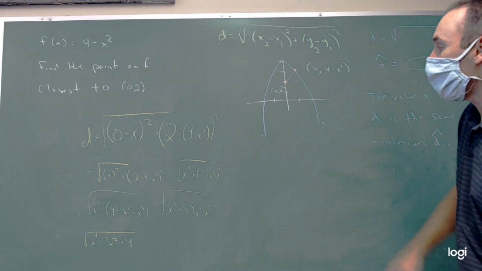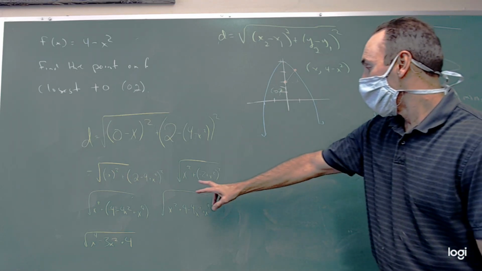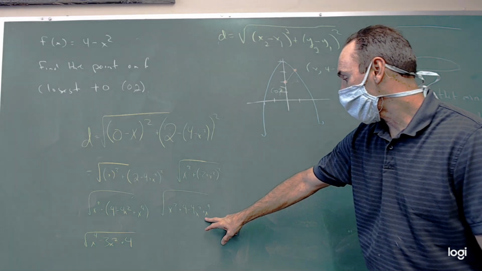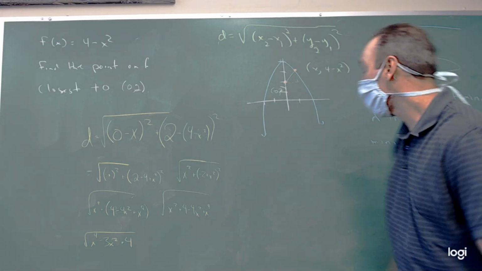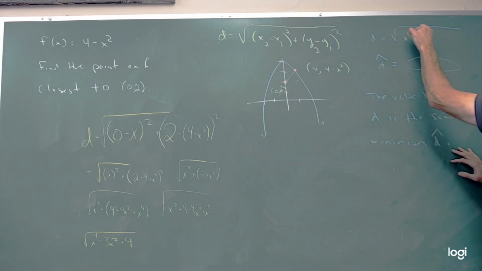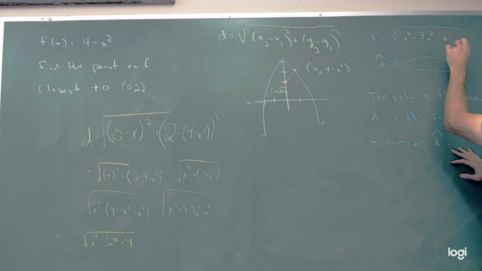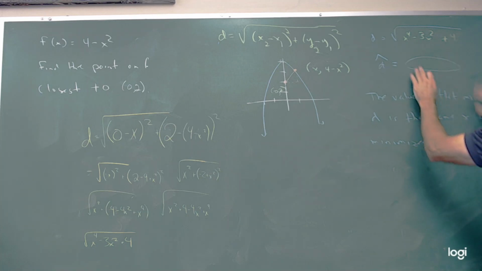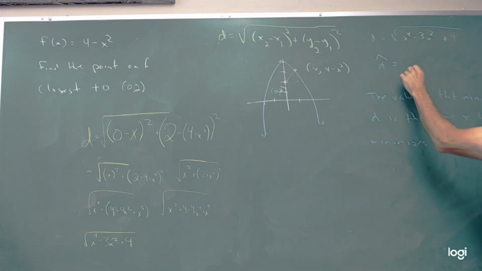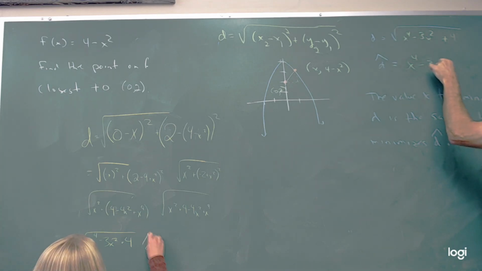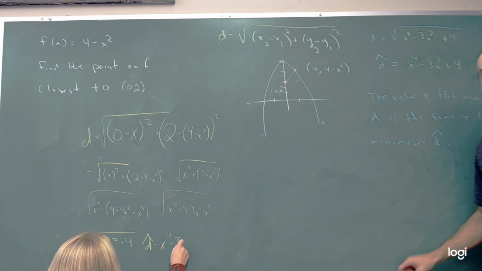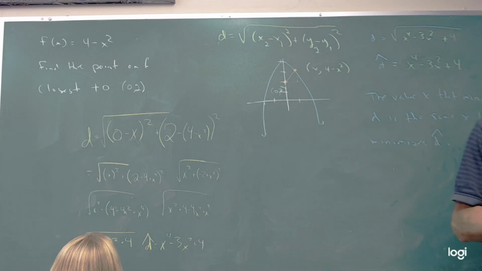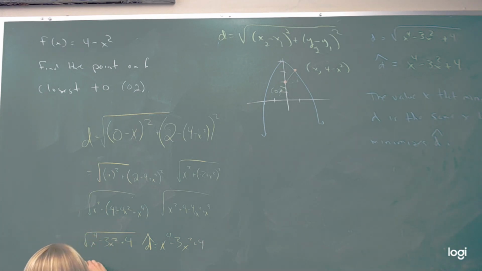So you've got x squared plus, so x to the fourth minus 3x squared plus 4. So D hat is going to be just leave off the radical. Oh, so okay, that's good. I don't see the D squared, like D hat. Okay. So now you can take your derivative there.